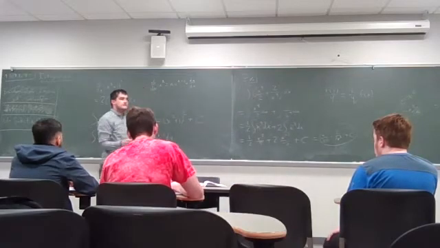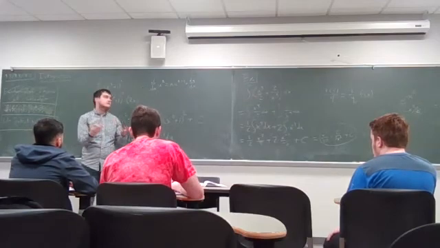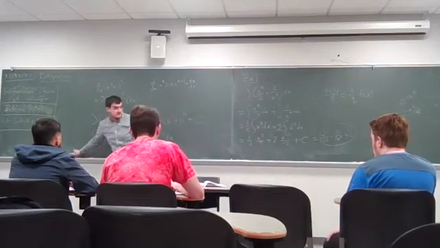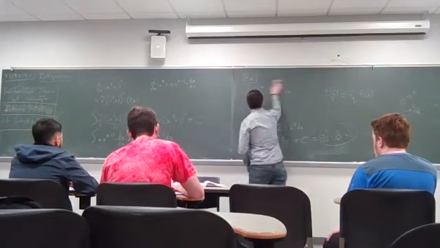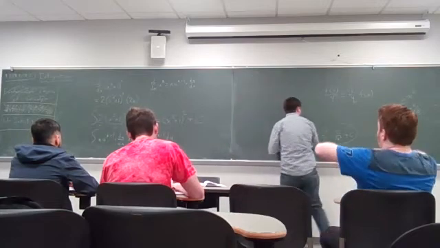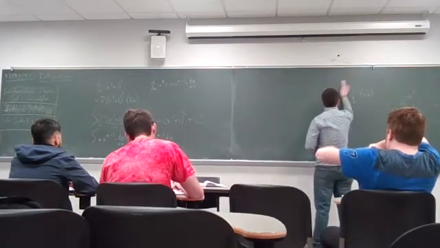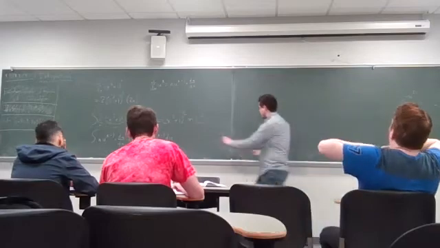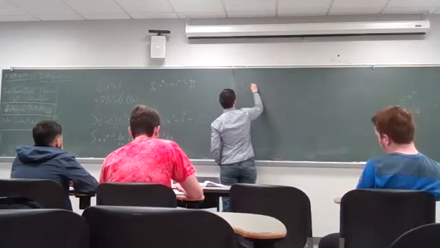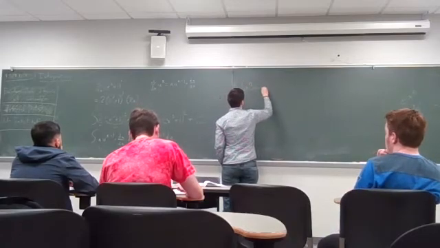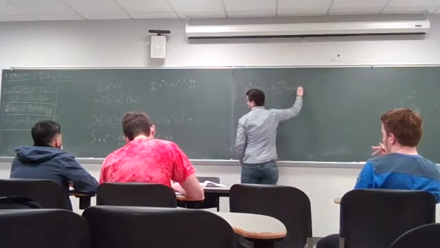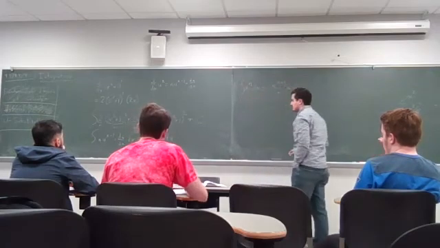Remember, if I have x to a power, right? And I want to take, so did I already erase it again? Let's write this again. If I have the integral of x to the n dx, this is going to be x to the n plus 1 over n plus 1, plus c, right?